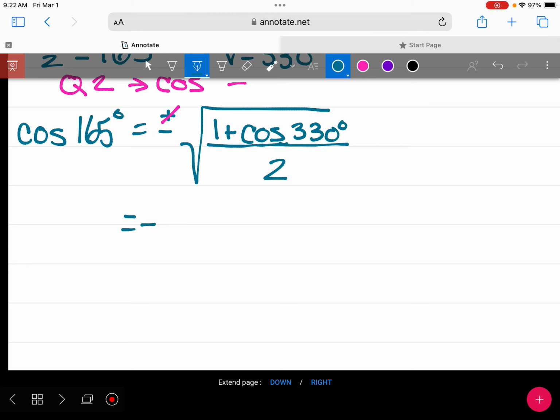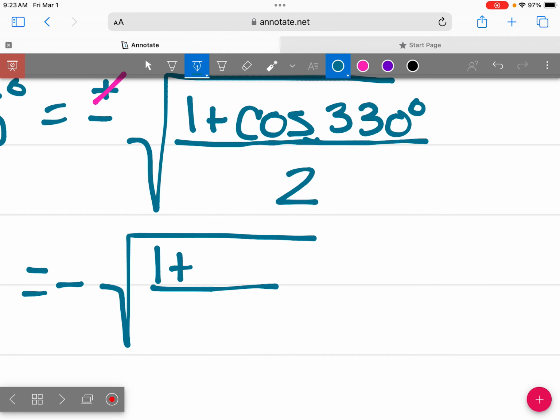So this is going to equal the square root of 1 plus, what is the cosine of 330? Square root of 3 over 2.